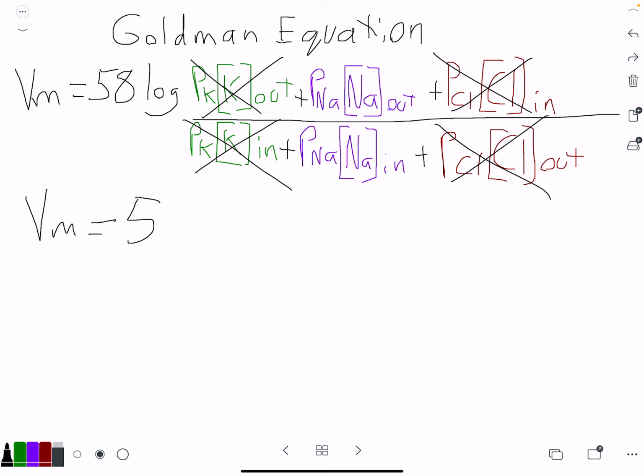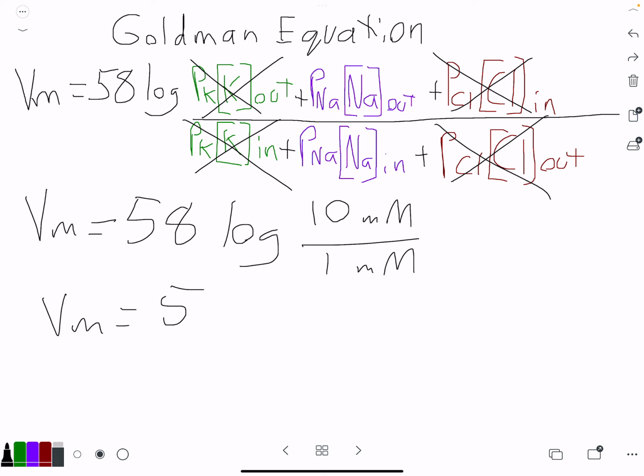So the membrane potential now equals 58, once again, times the log of our concentration of sodium on the outside, where it was its highest, started at 10, right? And on the inside was 1. So this is 58 times the log of, let me make sure that this is crystal clear, the log of 10.